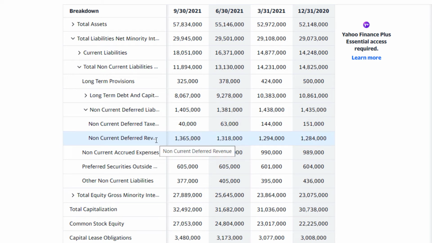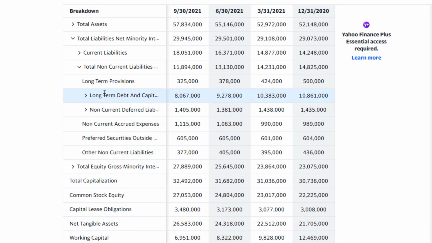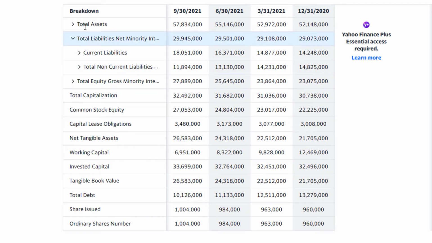This is a little deeper accounting stuff, but either way, we're not realizing these things coming in within a year is basically what's happening. Preferred securities, other non-current liabilities, this is all things that fall into that long-term provision bucket. So again, liabilities, just like assets, are made up of current liabilities and non-current liabilities. The magic number is 1 year.